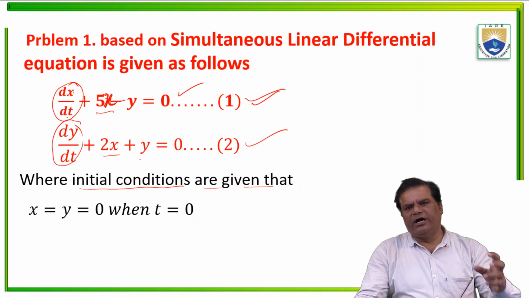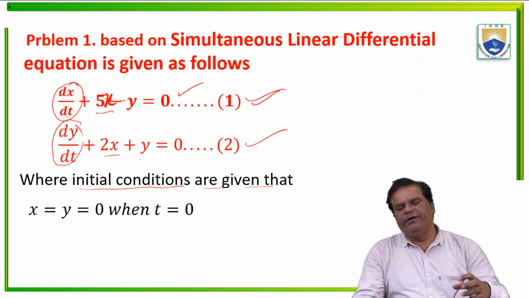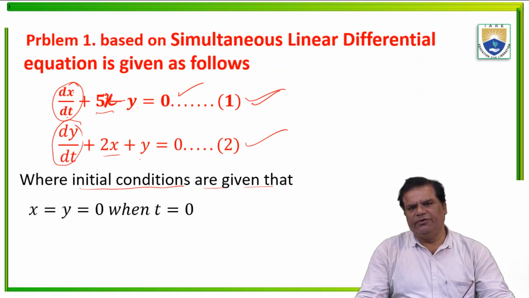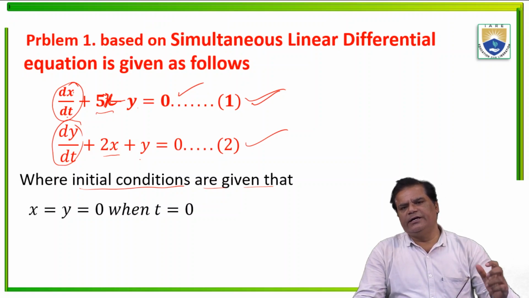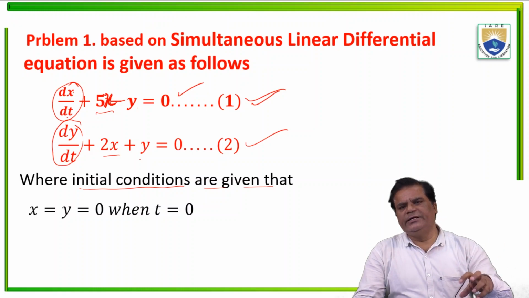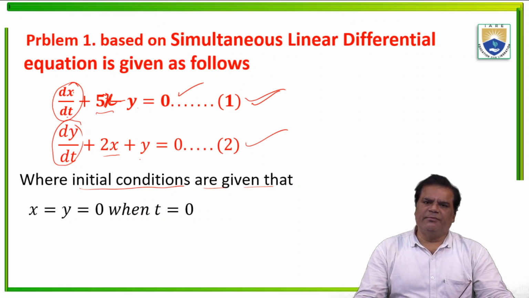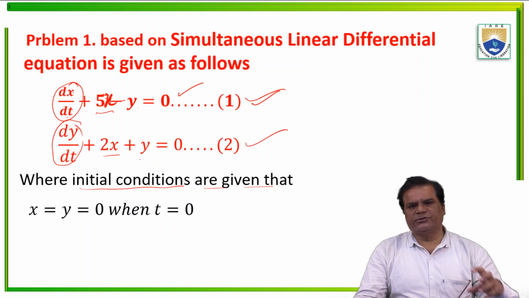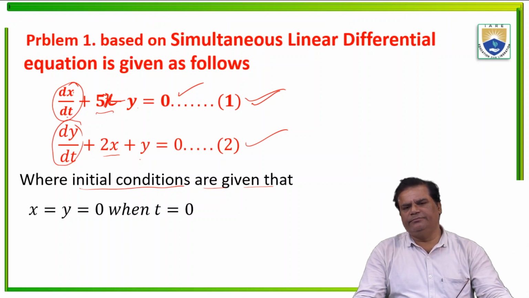So what is the application of initial condition? If in our question initial conditions are given, then first of all, we find the complete solution of simultaneous linear equation 1 and 2. After solving, we find the value of x and y as some function of t.